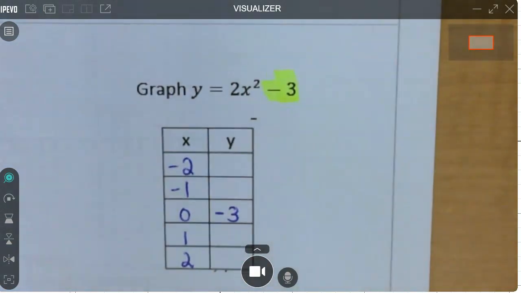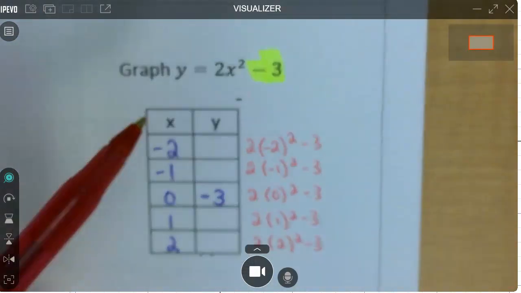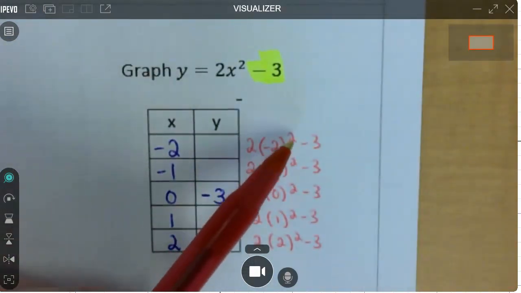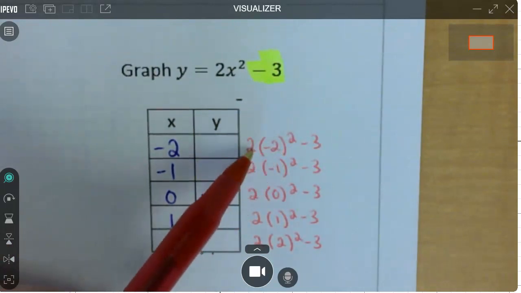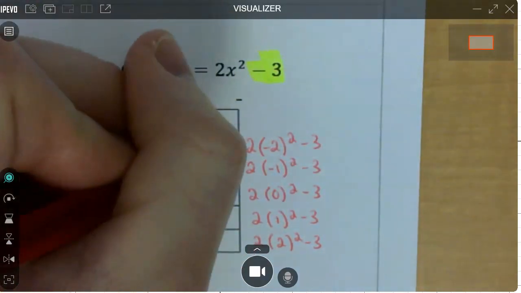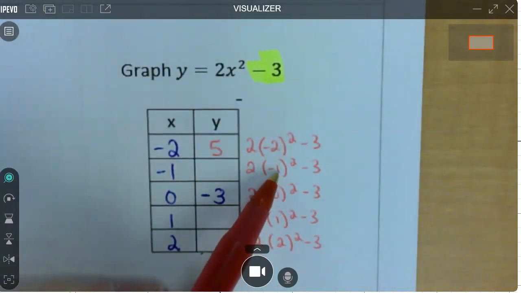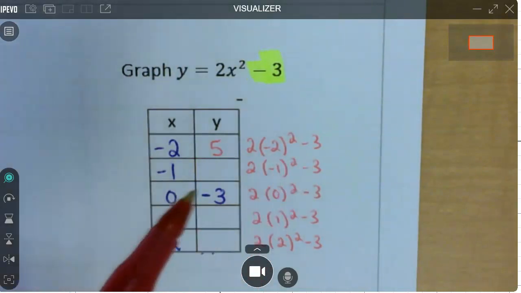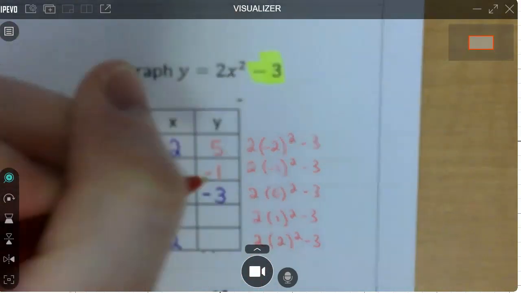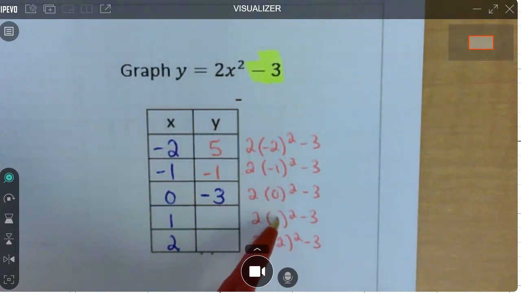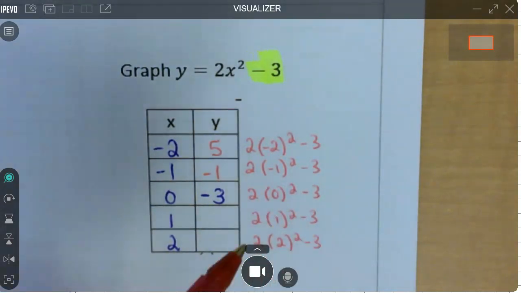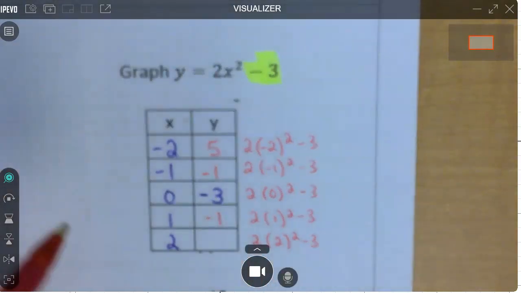Now I just have to calculate the rest really quick. Negative 2 squared is 4, times 2 is 8, 8 minus 3 puts me at 5. Negative 1 squared is 1, times 2 is 2, 2 minus 3 gives me negative 1. 1 squared is 1, times 2 is 2, 2 minus 3 puts me at negative 1.